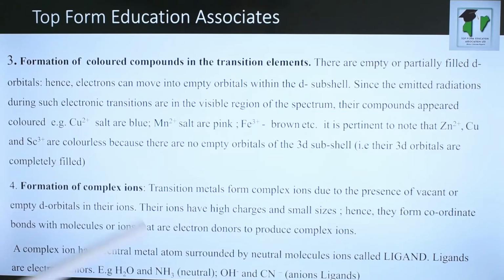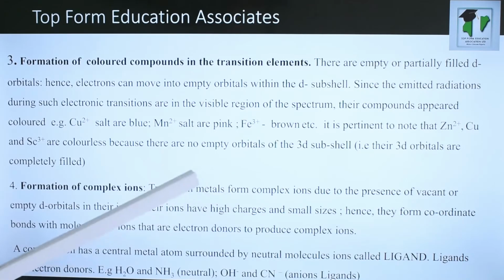So what we are saying here is that transition metals have the ability to form complex ions, and this is made possible when there are ligands surrounding that transition metal, because every complex must have a central metal atom at the center, surrounded by molecules or ions that can donate electrons to the central metal atom to form a bond.